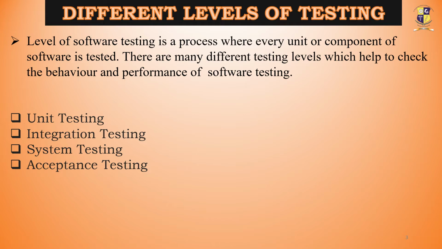There are many different testing levels available, which help to check the behavior and performance of software, so you need to go through different levels. Today we are going to see 4 levels of testing: unit testing, integration testing, system testing, and finally acceptance testing.